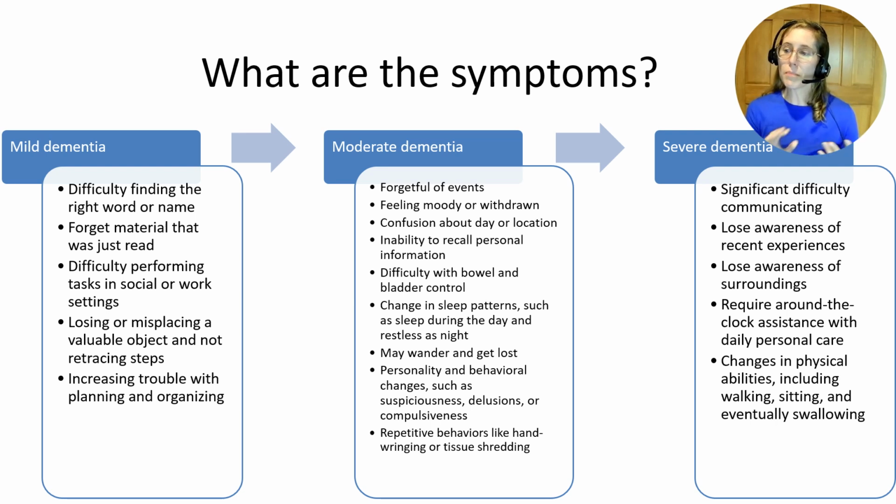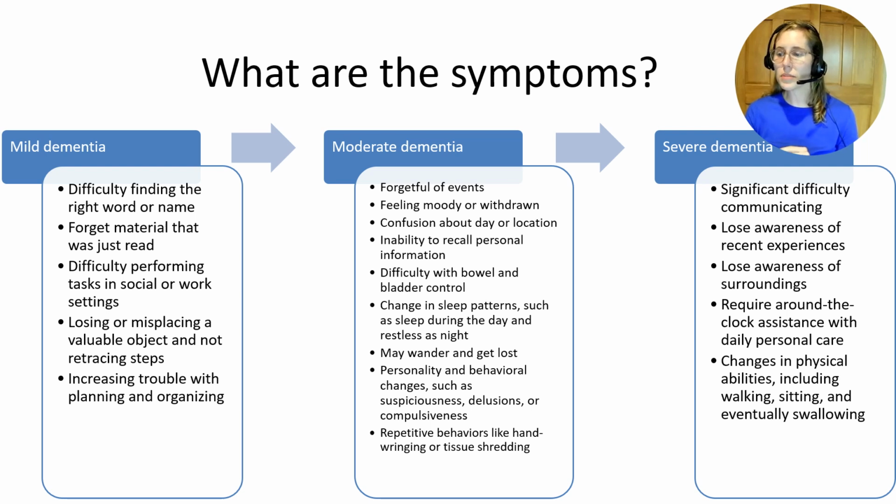But starting with mild dementia, or if you're working with someone with Alzheimer's disease, this may be called early stage Alzheimer's. Importantly, someone in this bucket may still function independently and symptoms may mostly be noticeable to close family or friends, but a clinician would be able to diagnose them using appropriate assessment tools.